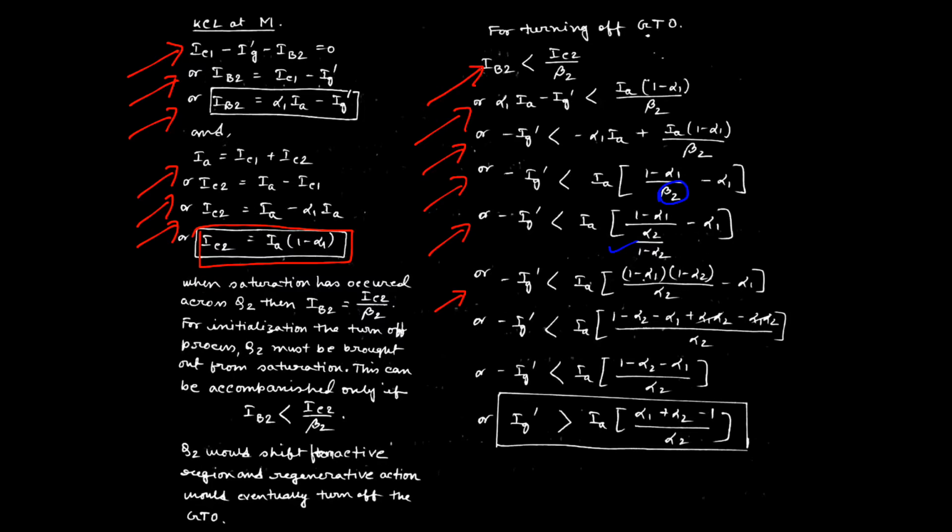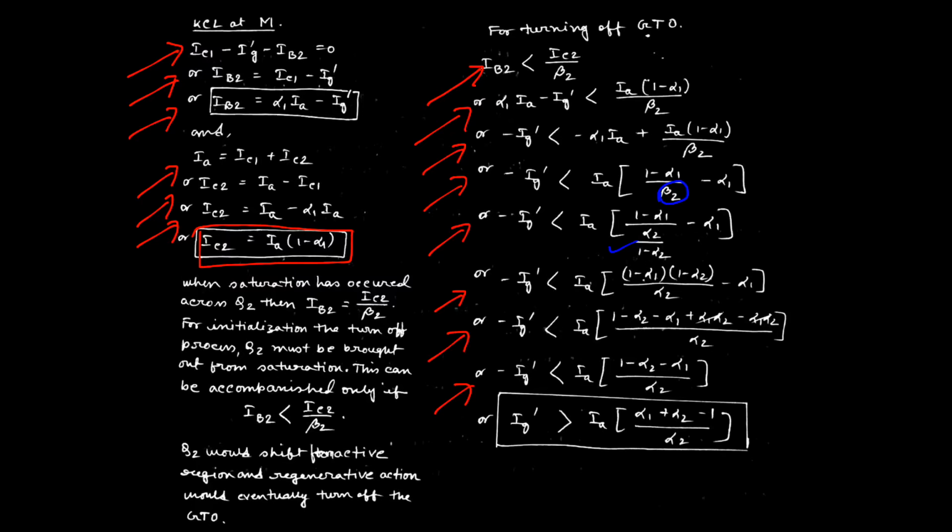After simplification, we get IA times 1 minus alpha 1 minus alpha 2 plus alpha 1 alpha 2 minus alpha 1 alpha 2. Both cancel each other. Ultimately, we get the result IA times 1 minus alpha 1 minus alpha 2, all divided by alpha 2.